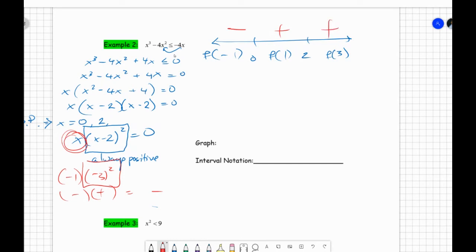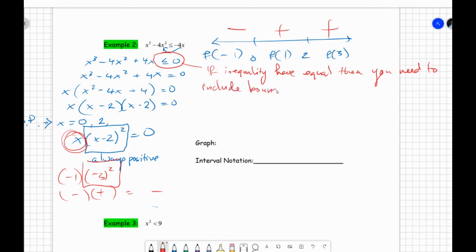So now we want to know the portion of the graph that's less than or equal to 0. So that means that this time we're going to include the boundary points. Okay? So if the inequality has equal, then you need to include boundary points.